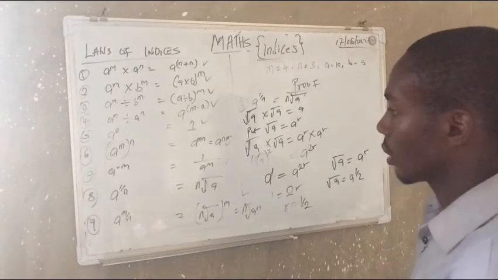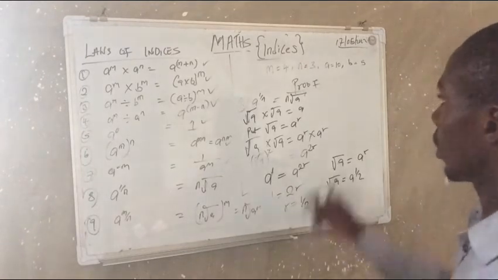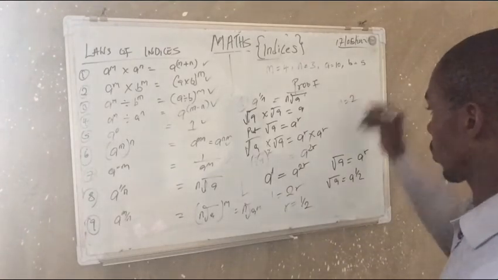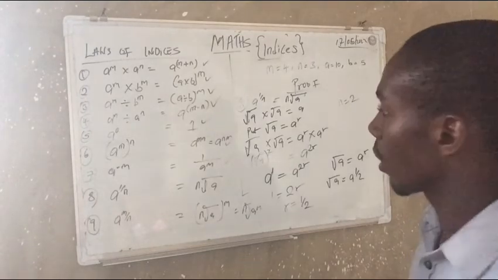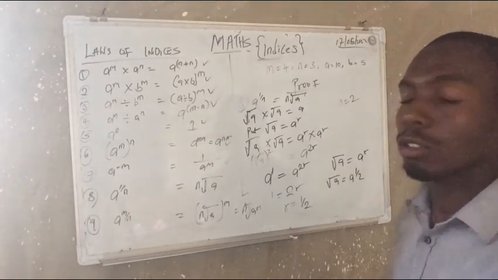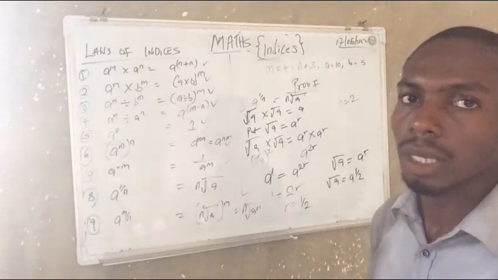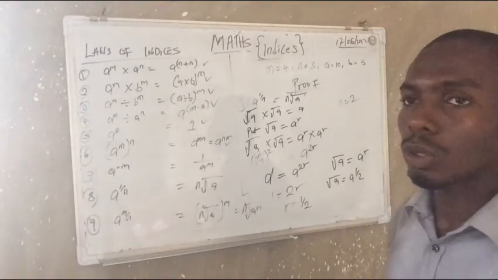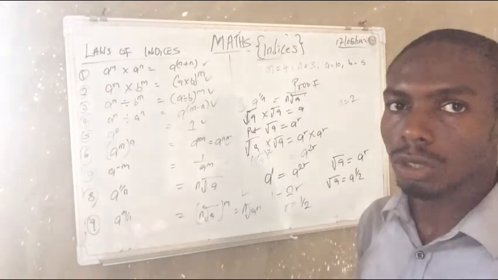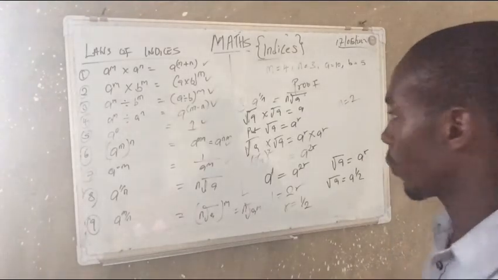So having done that, this one is proven. That is when n is equal to 2. It actually works when n is equal to 3 and when n is equal to 4. The only thing you need to do is just to do some constructions and boom, off you go.